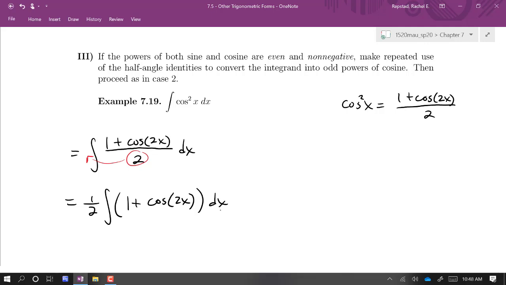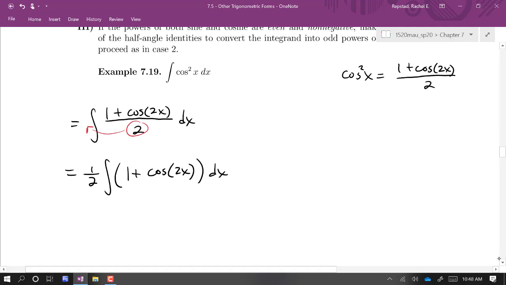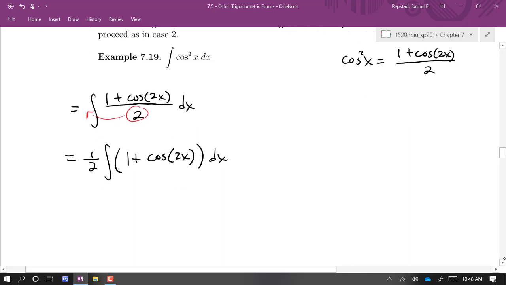We can split up an integral over addition. We're not raising the parentheses to a power, right? This is just to the first power. So I can split this integral up over addition. When I do that, both of the integrals that I write should have that factor of 1/2 in front. So I've got 1/2 times the integral of 1 dx plus 1/2 times the integral of cosine 2x dx.